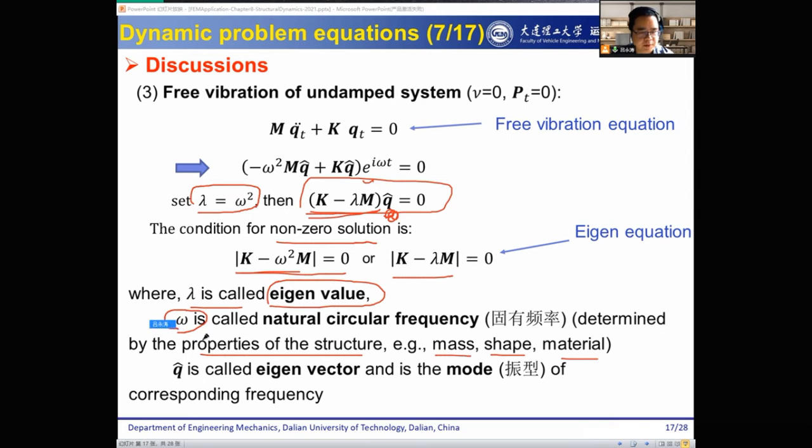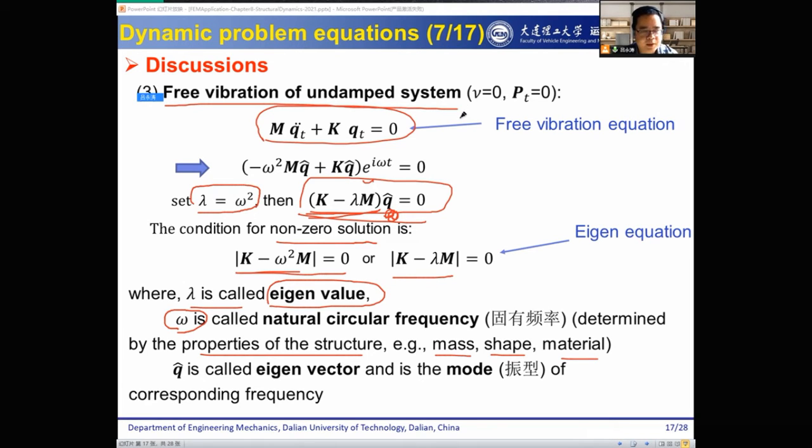And we said the first analysis of a dynamic problem is the modal analysis. In modal analysis we have to work out the natural frequency. How do we work it out? Actually, it's by solving this equation, which means you solve the free vibration of a non-damped system.